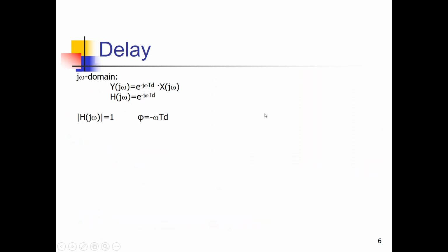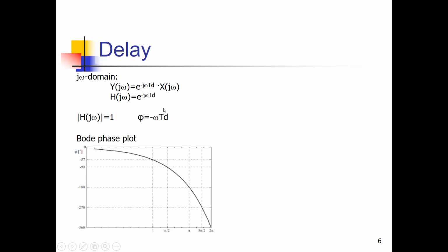Okay, let's go to the Bode diagram and to the Nyquist plot. We have said that the transfer function is equal to e to the power minus j omega times Td. So the amplitude is 1 and the phase is minus omega times Td. So in my Bode amplitude plot, my amplitude is always the same.